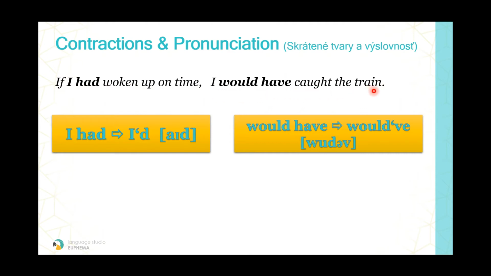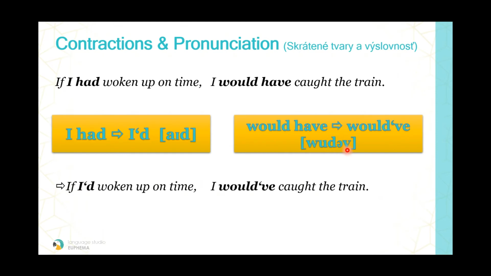You have to make it shorter, so you have to use a contraction, okay? The contraction for I had is I'd. The contraction for would have is would've. So our sentence sounds like this: If I'd woken up in time, I would have caught the train.